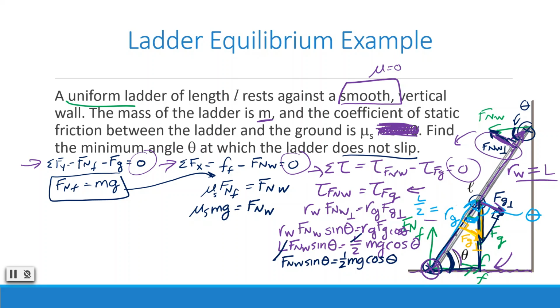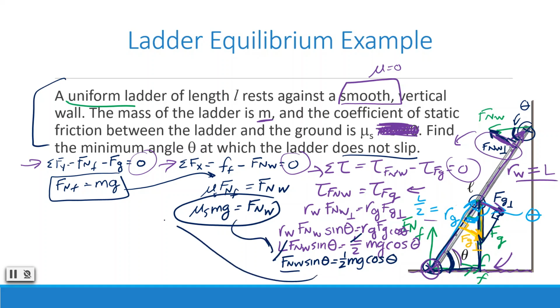Now we're looking for theta in terms of the things that I know. So FNW, I don't have a defined variable for that here, but we did get an expression for FNW using our x equation, so I can actually plug that in.